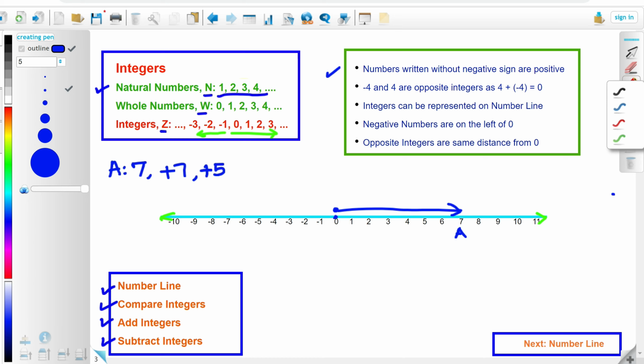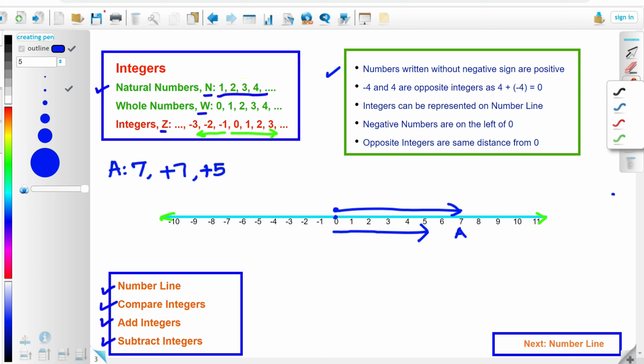Either way it works. So 5 is the number shown here. I can go from 0 to 5. The arrow shows that we are going towards the right from 0, and the length of the arrow is the magnitude of the number itself.